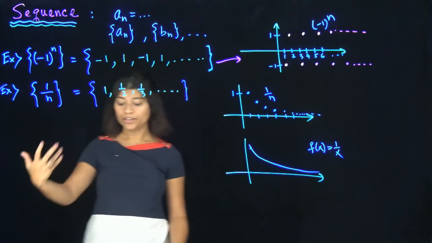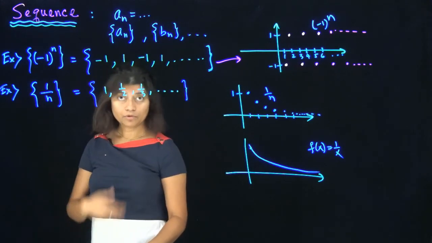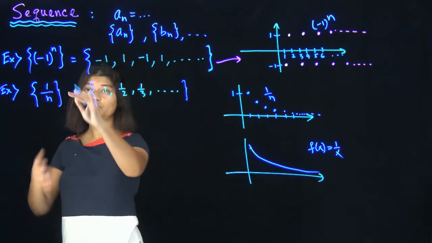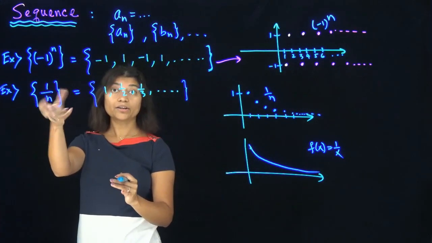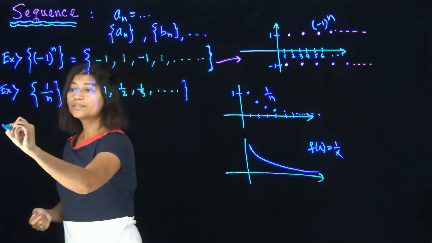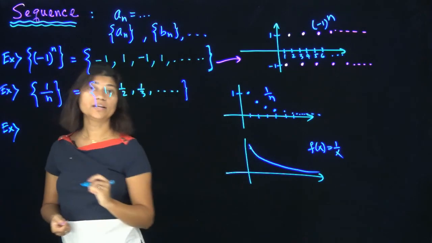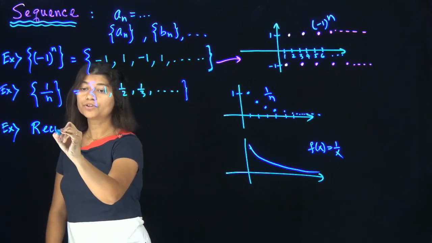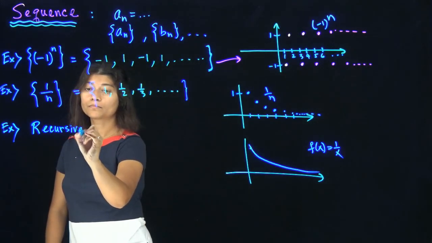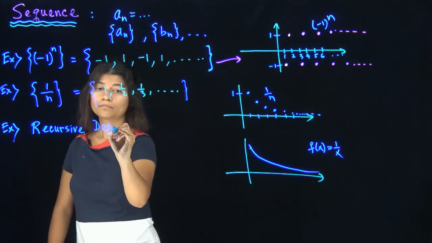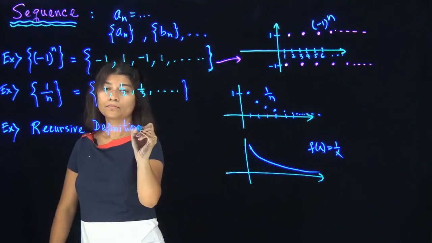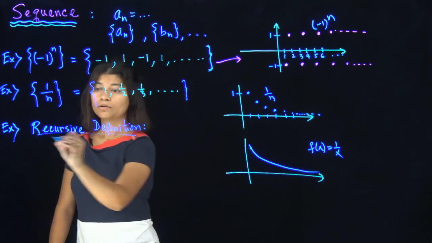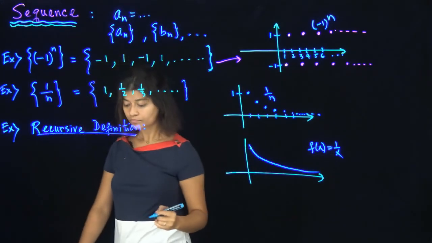Sometimes the definition of a sequence is not given with just one expression. Sometimes the definition can look a little bit different. This is a particular type of sequence. These are called recursive definitions. So here is an example.